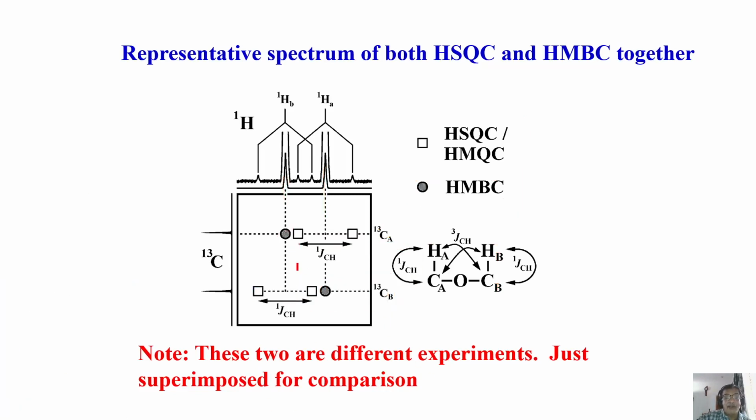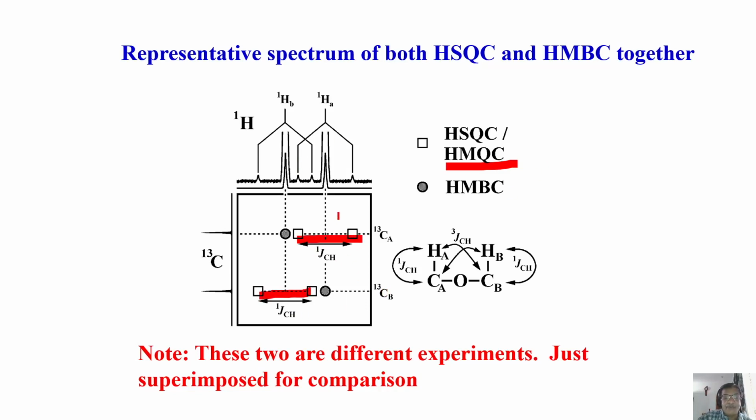Just for comparison, remember, HSQC gave you direct correlation to the directly attached carbon proton. But in this coupled case, in the F2 dimension, it's a doublet because of carbon-proton J coupling. This is what we observed in both the carbons.